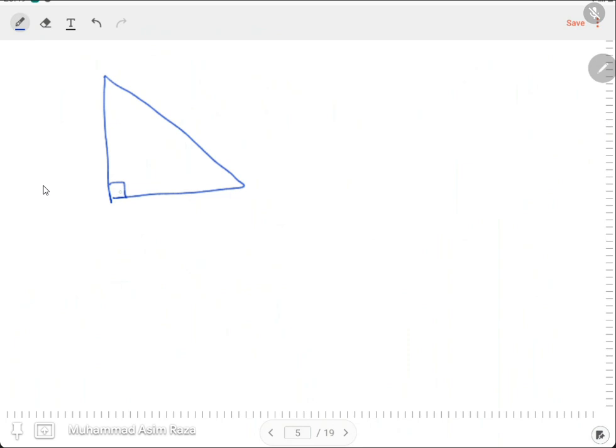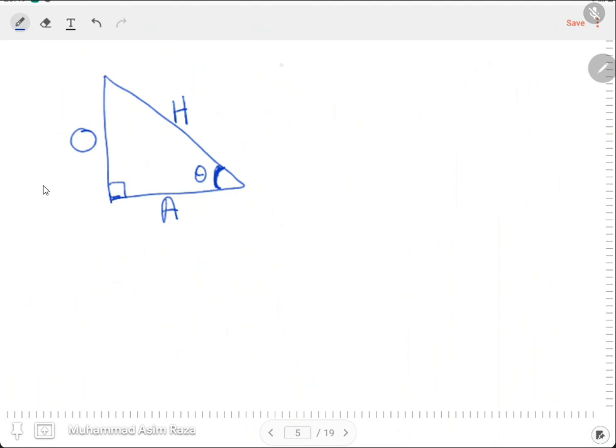This side is the hypotenuse, and I will take this angle as theta, the angle that I will be discussing. Then this side is the opposite side, and this side is called the adjacent side.